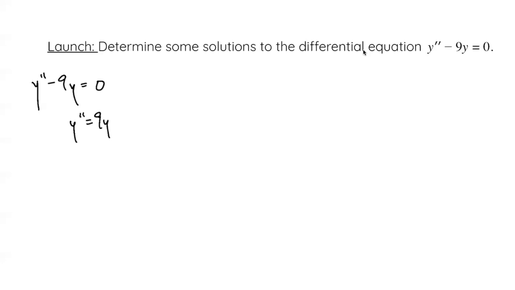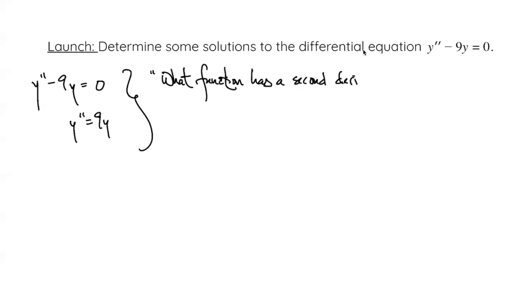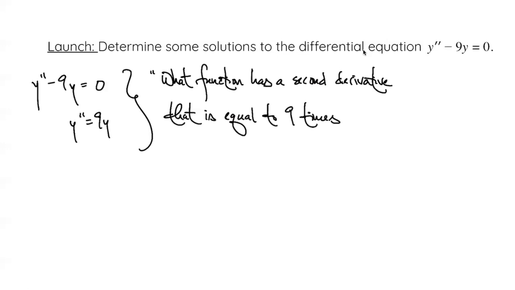Now, if I read this equation and interpret what it means, this is really saying: what function has a second derivative that is equal to 9 times the function?